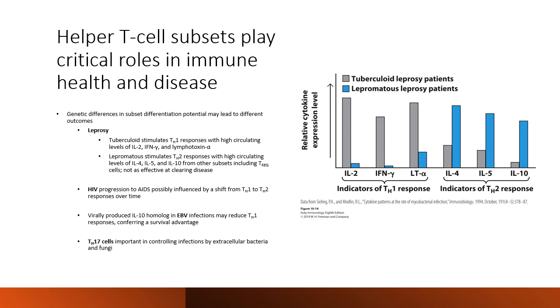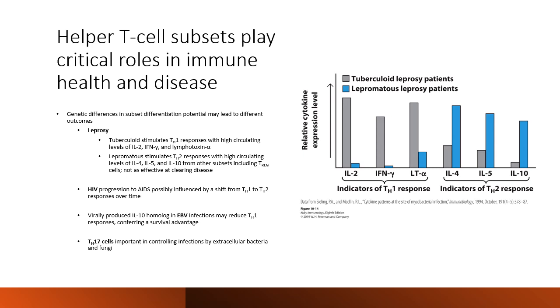We see a type 2 response in the patients that actually have lepromatous leprosy, the more severe form. I'm guessing you know nothing about leprosy itself, but it's actually caused by a mycobacterium infection. And a lot of the mycobacteria infections are actually intracellular pathogens. They are bacteria that get inside the host cells.